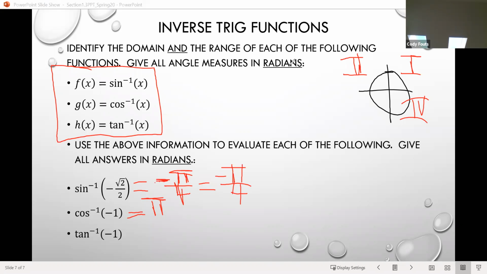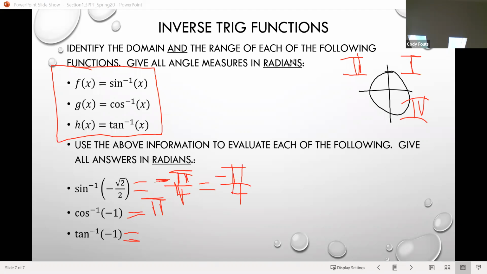All right, then inverse tan of negative 1. We know that inverse tan gives us answers in the first or the fourth quadrant, just like inverse sine. Because it's negative, there are two ways to think about this. Either you just know that it's in the fourth quadrant, or you remember tangent is sine over cosine. If it's negative, that means the sine and the cosine have different signs, so it would have to be in the fourth quadrant, because in the first quadrant both are positive.